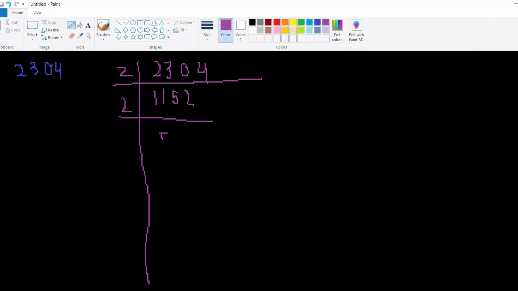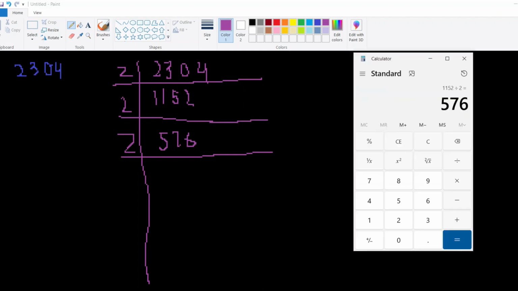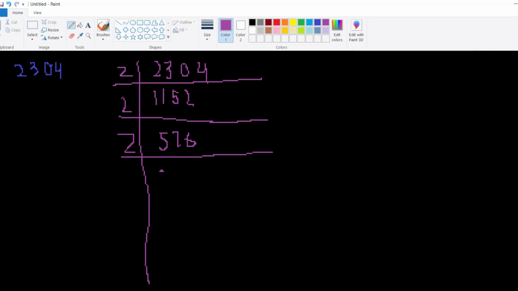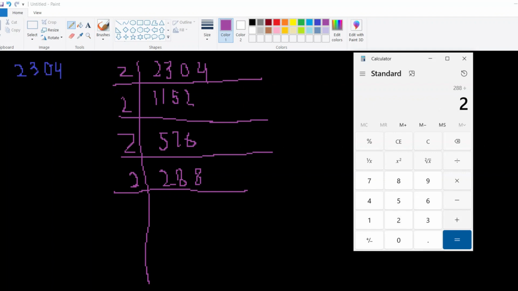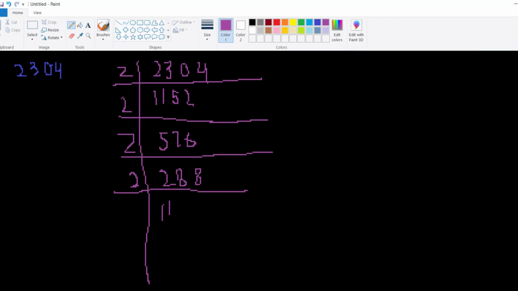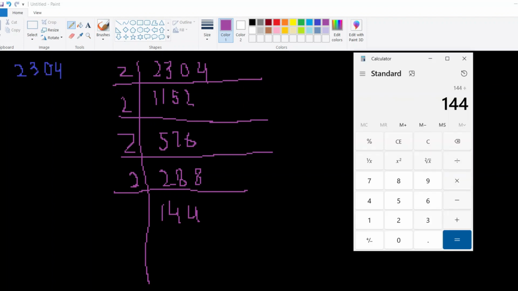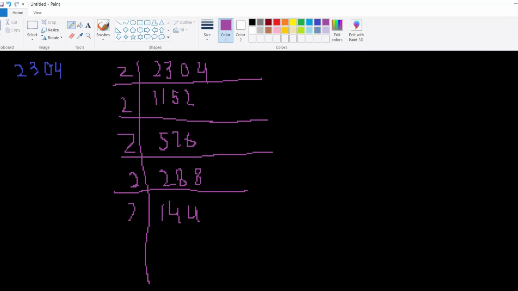Again, 576 ends with an even number, which means it is divisible by 2. Go with the smaller numbers. Don't just directly jump on to the larger numbers. Start with 2, 3, and so on. Again, 288 is divisible by 2. These rules of divisibility come in handy in a lot of situations. 72.